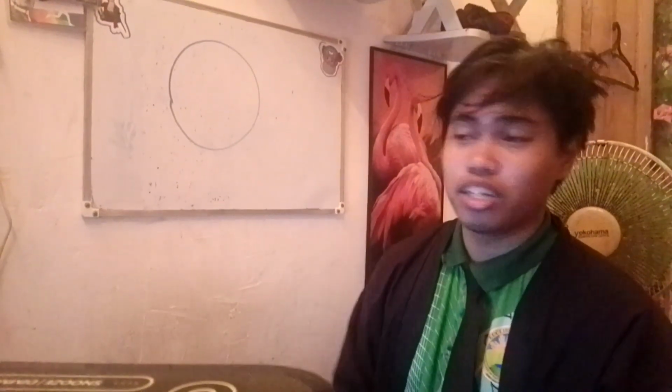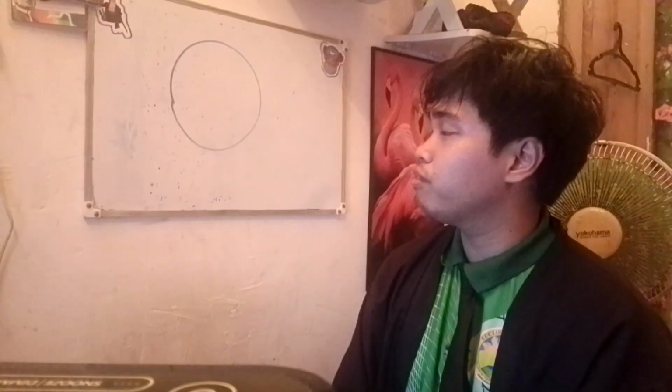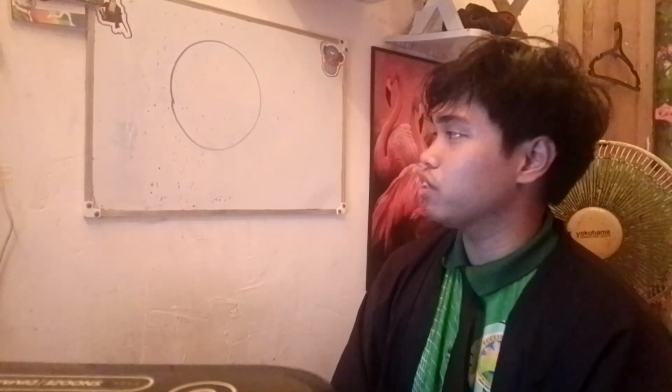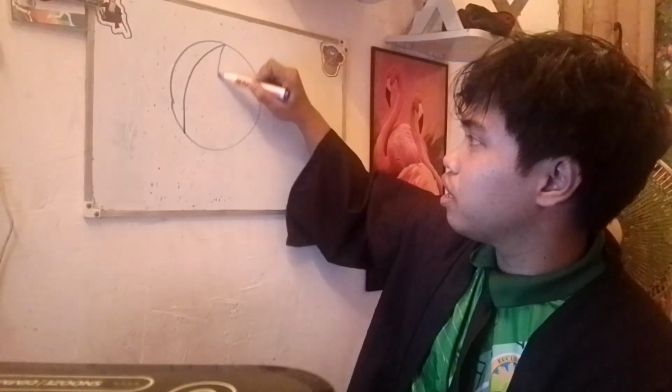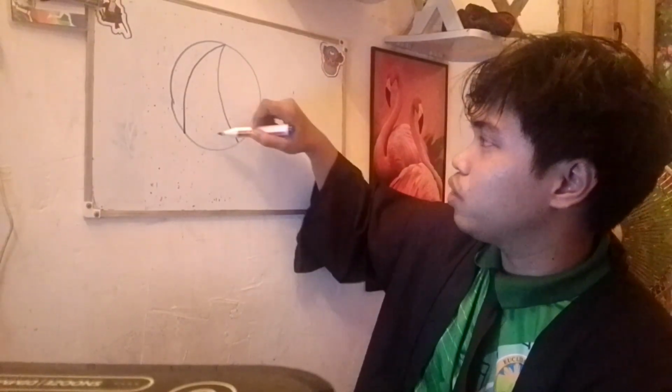So to further understand this explanation, let's just draw this inside the Poincaré disk model. If we have two curved lines that meet at a certain point, let's have two curved lines here.